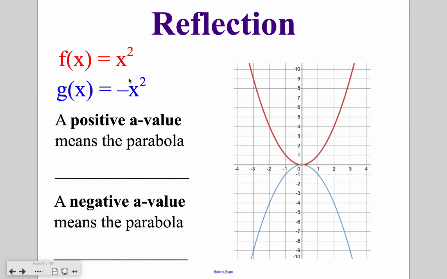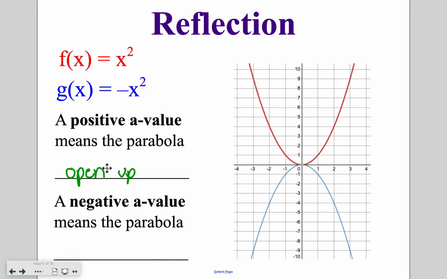So anytime your quadratic, this is just the simplest form of a quadratic where it's just x squared. So if it is a positive number, that means it is going to open up. This f of x squared is shown by the red graph. The g of x equals negative x squared means that it opens down.